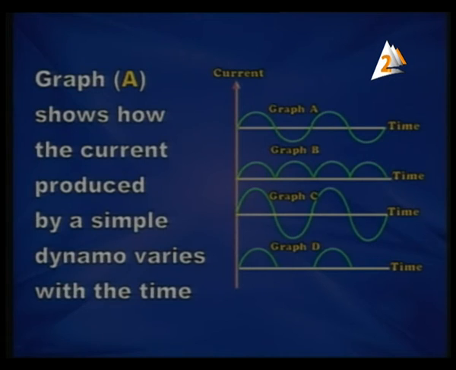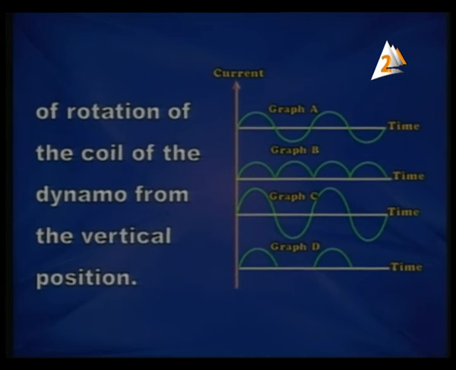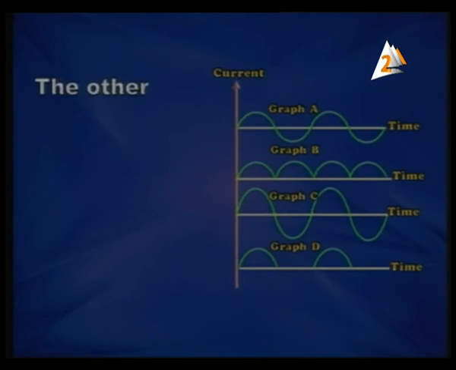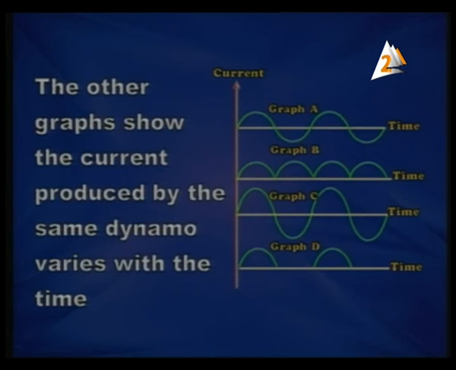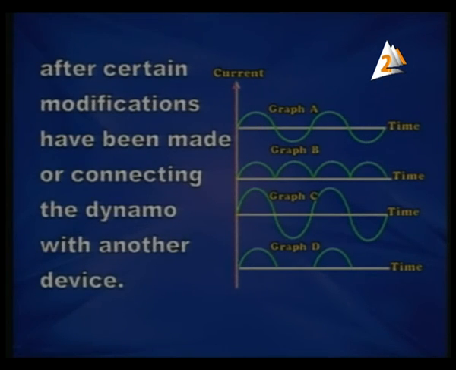Very important question. In front of you we've got 4 graphs, graph A, B, C, D. Graph A shows how the current produced by a simple dynamo changes with the time of rotation of the coil of the dynamo from the vertical position. And other graphs show the current produced by the same dynamo, but after certain modifications have been made or connecting the dynamo with another device.